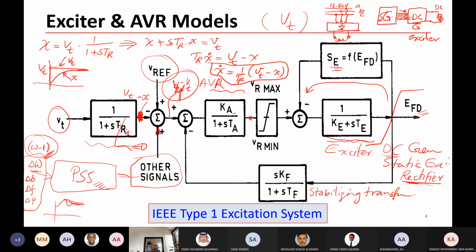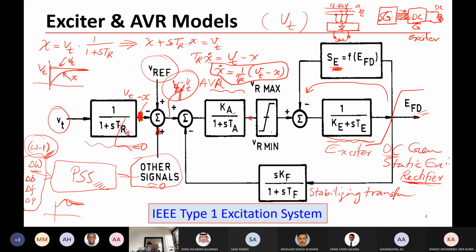So this is VT, VR, and assuming also no controller, this part is out. So you have V reference minus VT going here, and this is the output of the stabilizing transformer, and then you have KA, TA, and this is the limiter, and then you have this block and feedback here equal to SE.